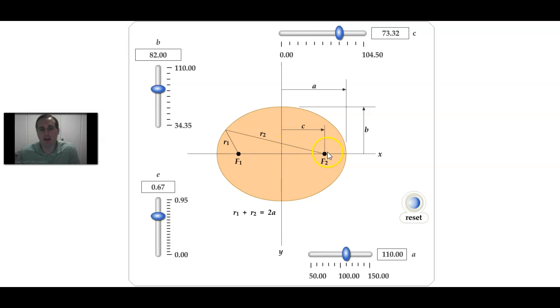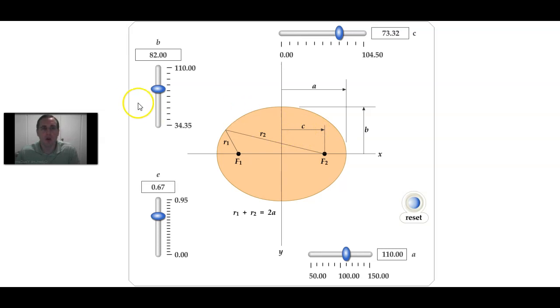And notice that we can define these various quantities. A is the semi-major axis. That's the distance from the center to the end of the major axis. Notice B is the distance from the center to the end of the minor axis. So B is called the semi-minor axis. And lastly, C is the focal distance. That's from the center to one of the foci.